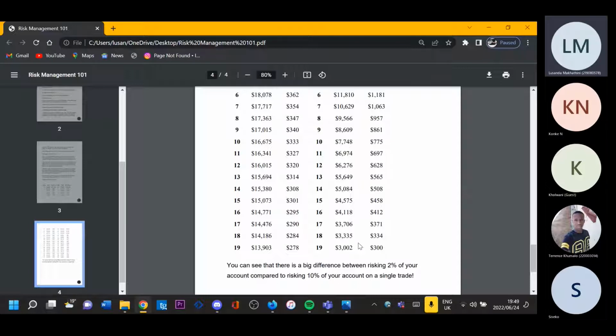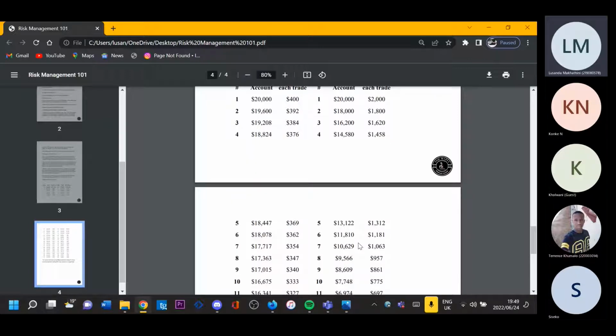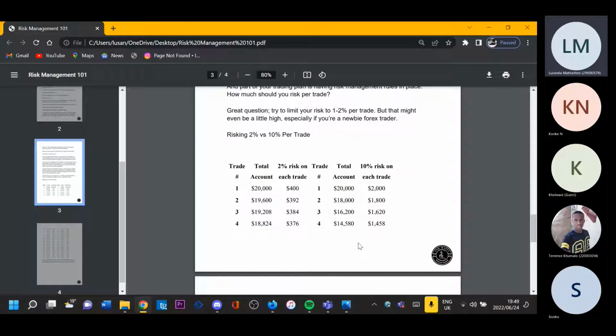I set rules. So if I'm working with $20,000, right, then at $15,000 I drop my risk. So even if I get a winning trade, only when I get back up from $15,000 do I actually trade like normal.